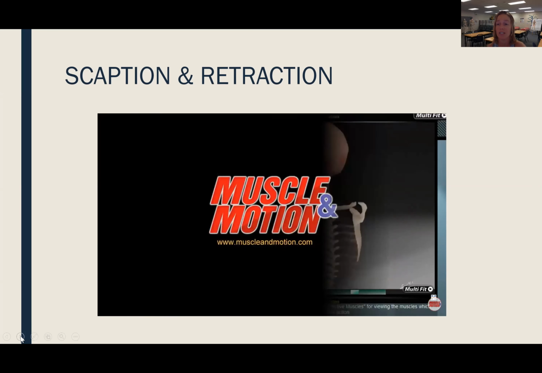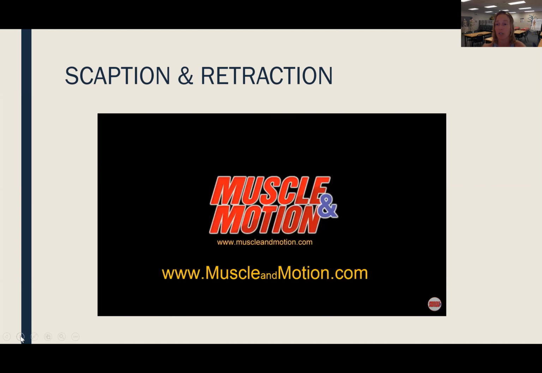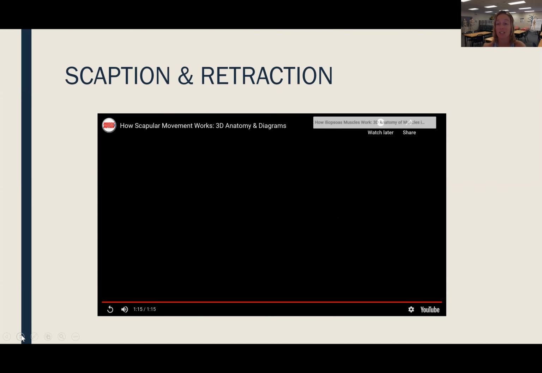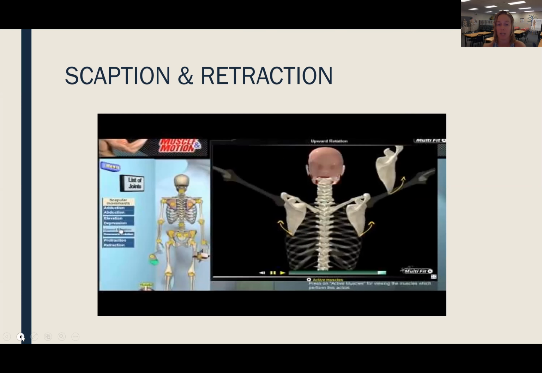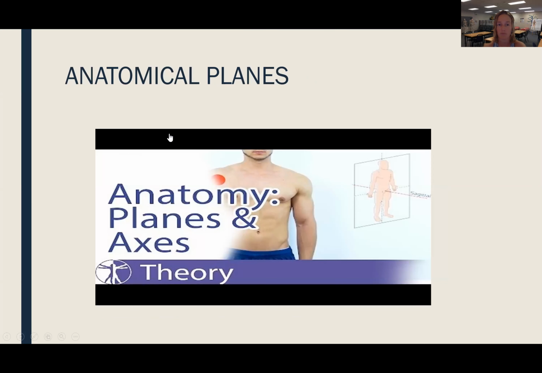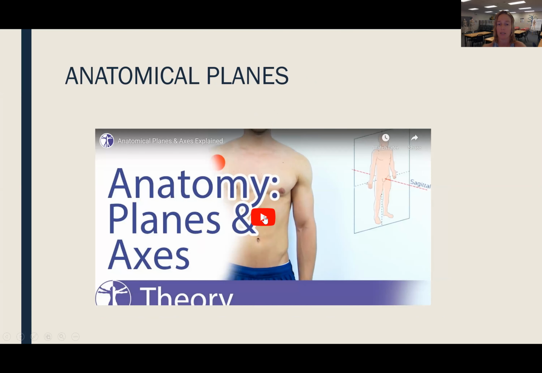So just an example of why learning the planes and learning the directions is helpful. We get to see that our body moves in many different ways. It's cool. And this is just an overview of the planes.